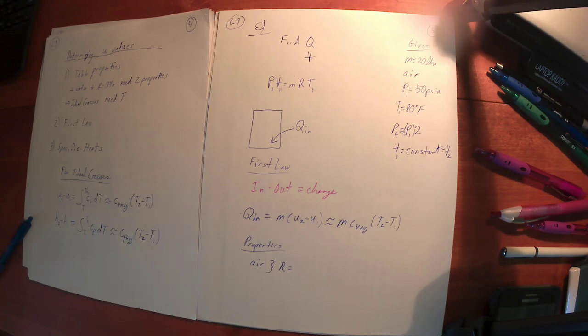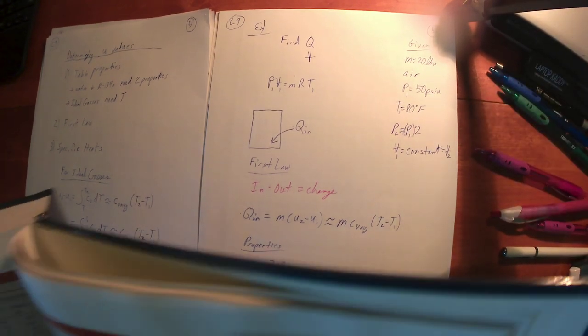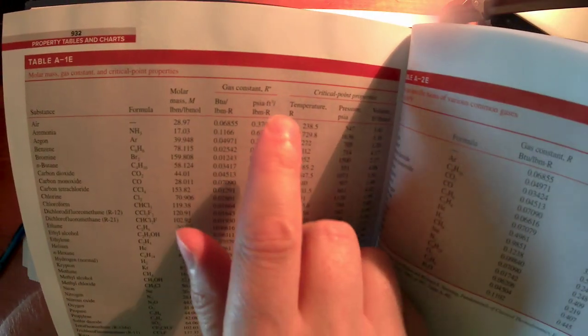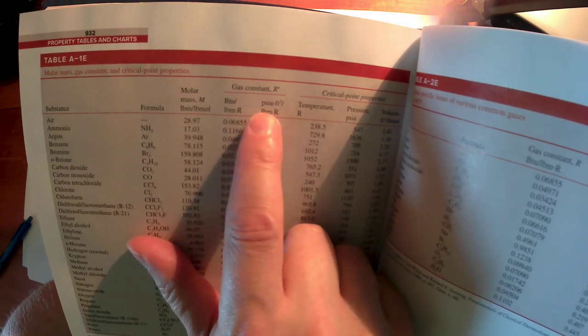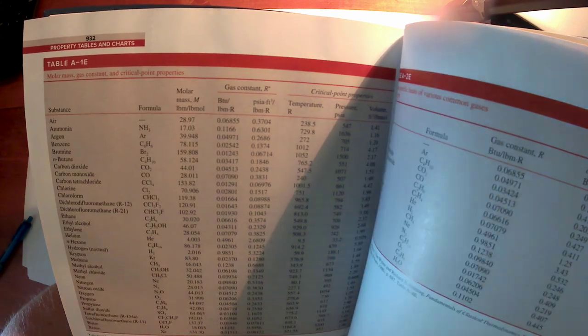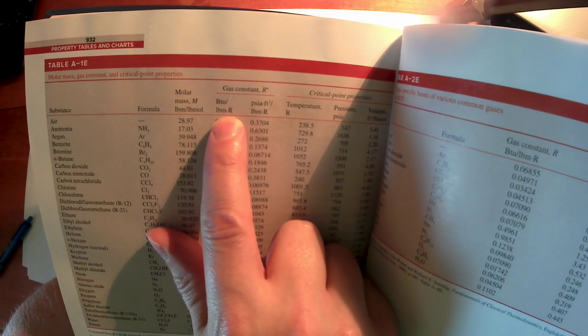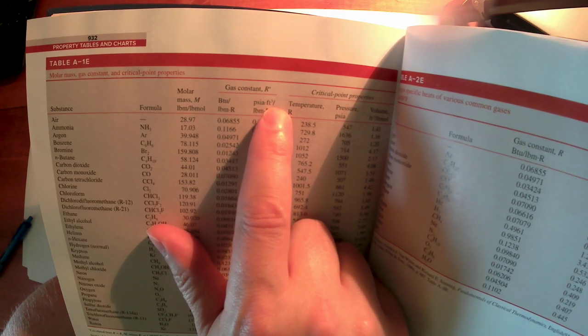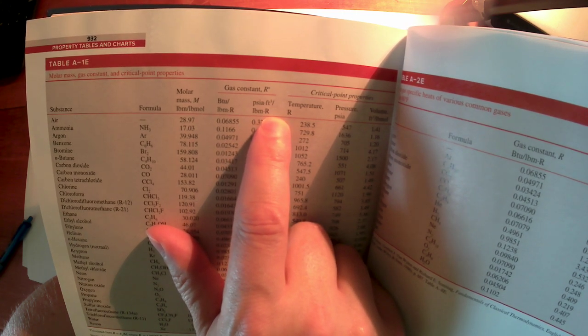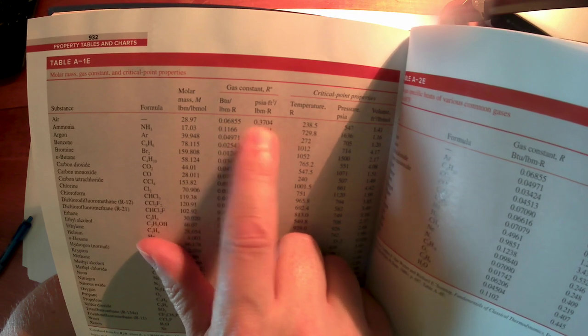Just to mention, in your text, now if you're joining us from another course and you're not using our text, I don't know if your text gives you these same R values that ours does. Ours is really nice. In the English tables, this is table A1 in the English set, they give you an R value here, and not only the traditional energy per mass per temperature, they also give you R in pressure times volume per mass per temperature, which are the same quantities, right?